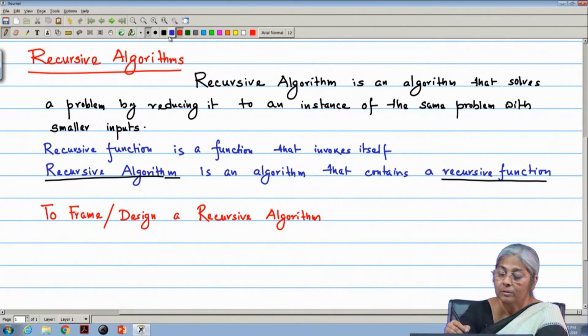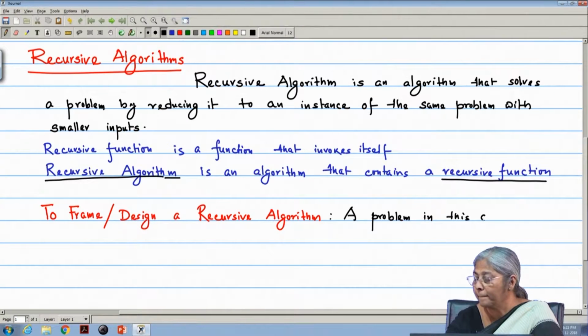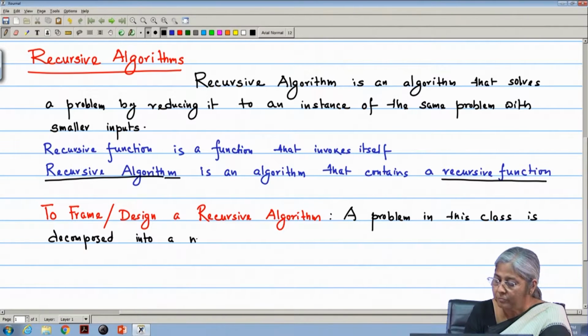So, we can define it this way: a problem in this class is decomposed into a number of sub problems.